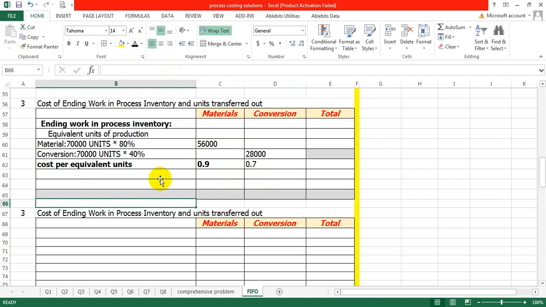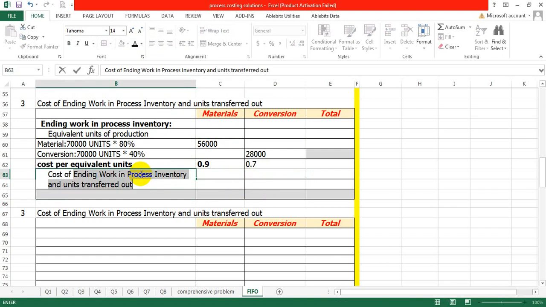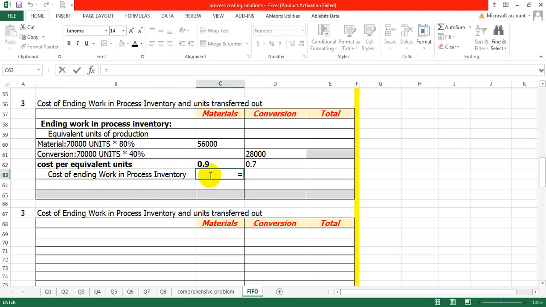So for the cost of ending WIP inventory, we will multiply these two values. What is my value? 56,000 multiplied by 0.9 equals 50,400, and 28,000 multiplied by 0.7 equals 19,600.